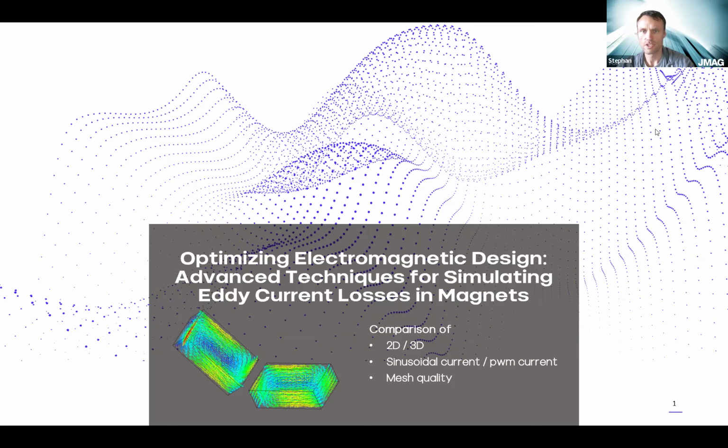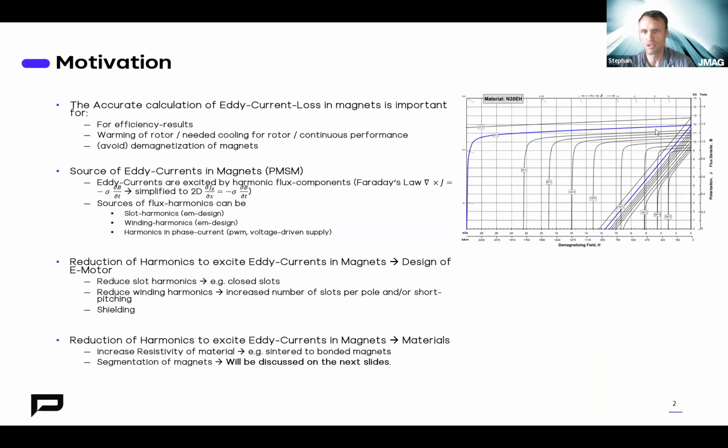Now let's start first with the motivation. If you think about eddy current loss in magnets, the most important issue we deal with is at first the efficiency, the overall efficiency of the e-motor, because it's a loss component we have to consider.